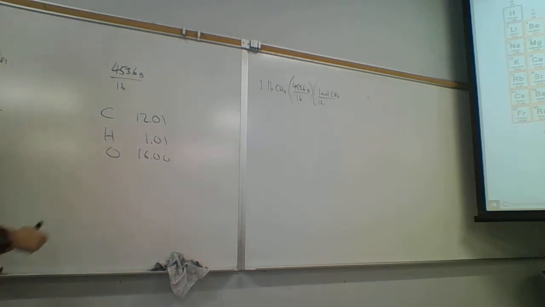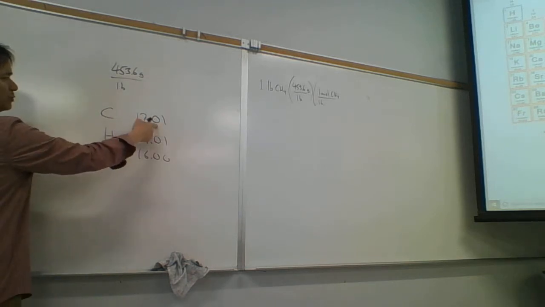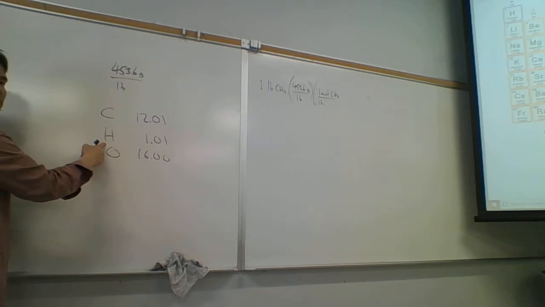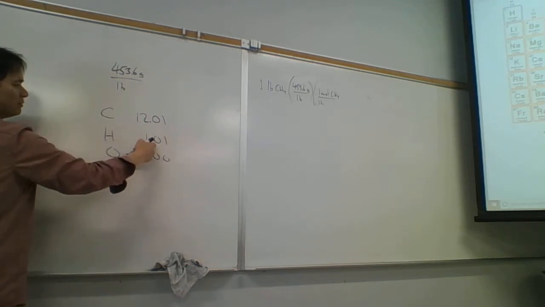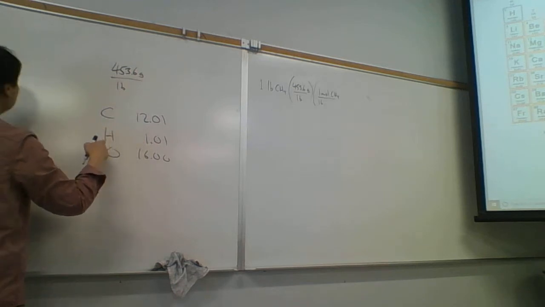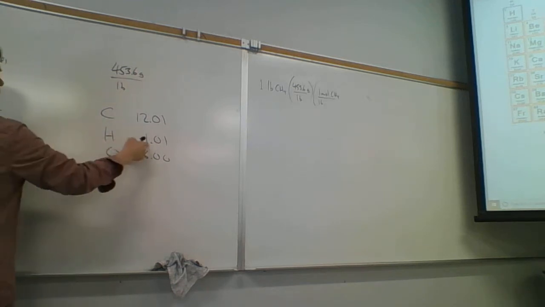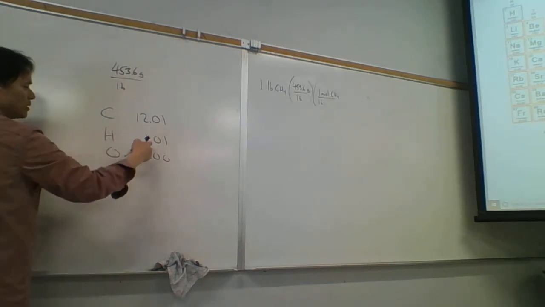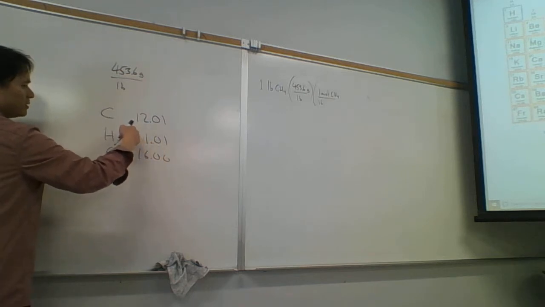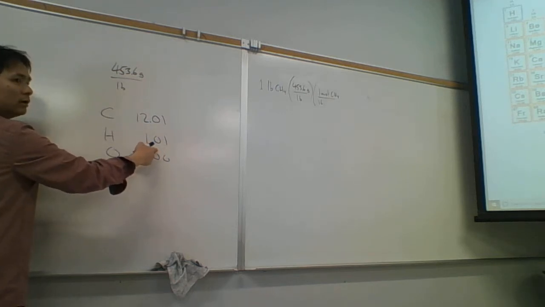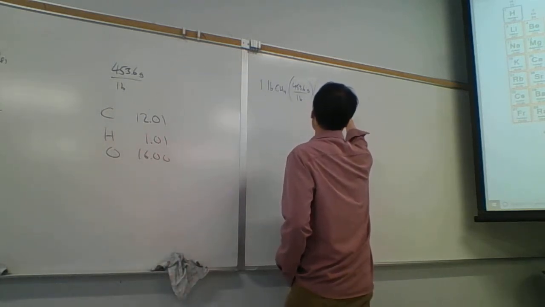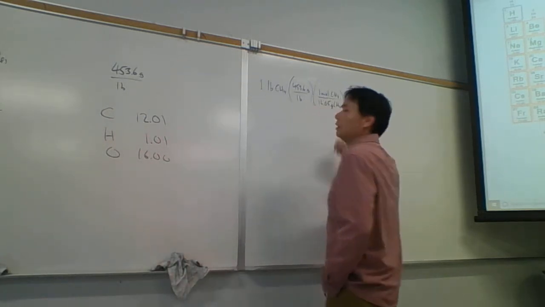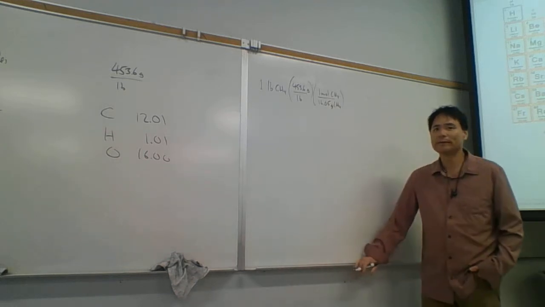So 1 carbon is 12.01, 4 hydrogens would be 4.04. So 12.01 plus 4.04 gives me 16.05. So I would have gotten 16.05 grams of methane rather than 16.33.